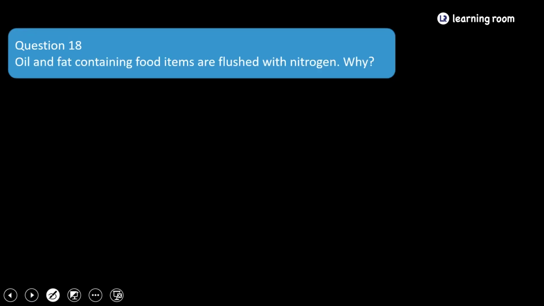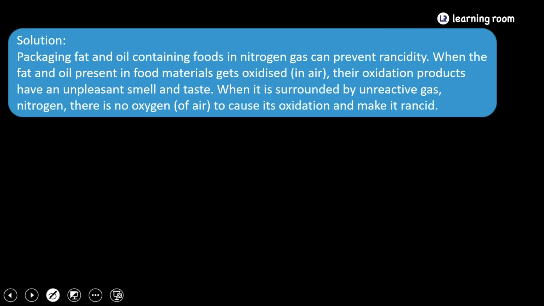Oil and fat containing food items are flushed with nitrogen. Why? Otherwise the food particles undergo slow oxidation, the taste varies, and rancidity takes place. That's why chips packets are flushed with nitrogen. Packing fat and oil containing food in nitrogen prevents rancidity.